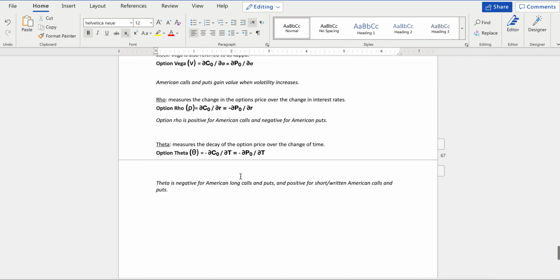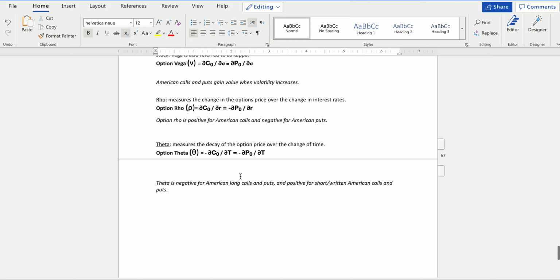It means you actually bought the option, whether it's a put or a call. Remember, a long position is always the buying position. So when you're long a call or put, theta is never your friend.